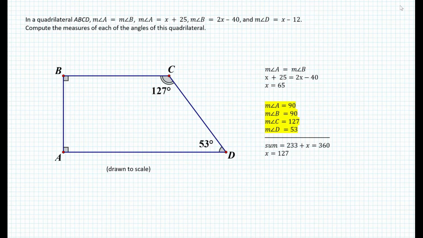Okay, so before we get into that, let's look at the fact that segment BC is perpendicular to segment AB, and also segment AD is perpendicular to segment AB. And we know from the theorem that if two segments or two lines are both perpendicular to the same line, then these two segments must be parallel, okay?